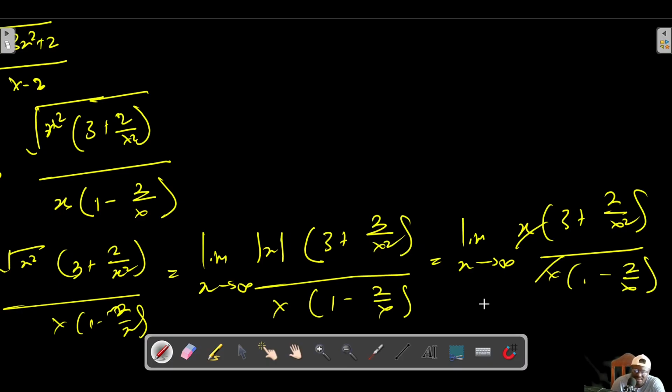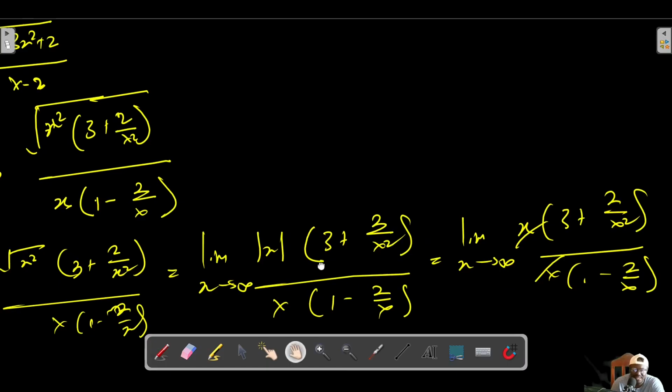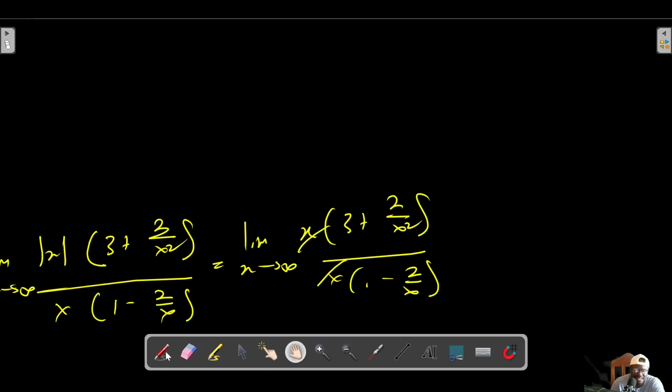This cancels this. So realize as x is approaching infinity, 2 over x squared will become 0. As x approaches infinity, 2 over infinity squared approaches 0, and also 2 over x, 2 over infinity, approaches 0.